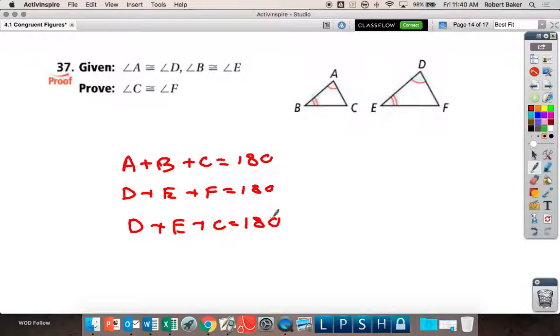I'm substituting these things because they are marked as congruent. And the transitive property would say that C and F are the same. So using your math to justify that they will always be the same.